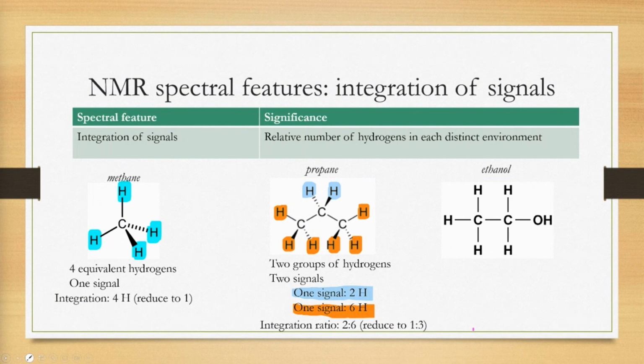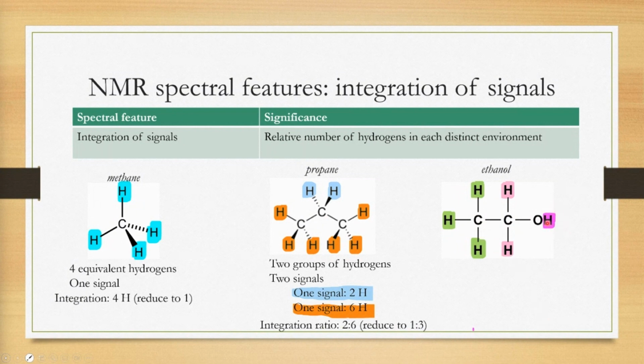Now let's look at ethanol. So a new example, we haven't looked at this yet. We have a CH3 group, so all 3 of these hydrogens are in the same chemical environment. Then we have a CH2, so these 2 hydrogens are in the same chemical environment, and that environment is different from the CH3 group.